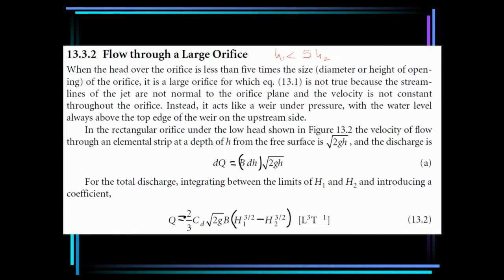In the rectangular orifice under the low head shown in this figure, the velocity of flow through an elemental strip at a depth h from the free surface is square root of 2gh.